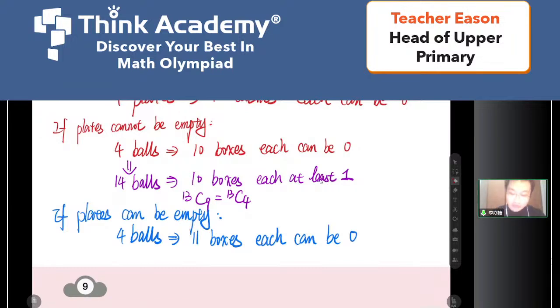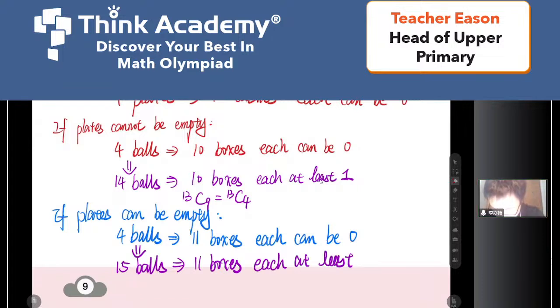As there are 11 boxes, we need to borrow 11 balls instead of 10. So it's the same as distributing 15 balls into 11 boxes, with each at least 1. Then we have 14 intervals and we need 10 plates, so it equals choose 4 from 14 as well.